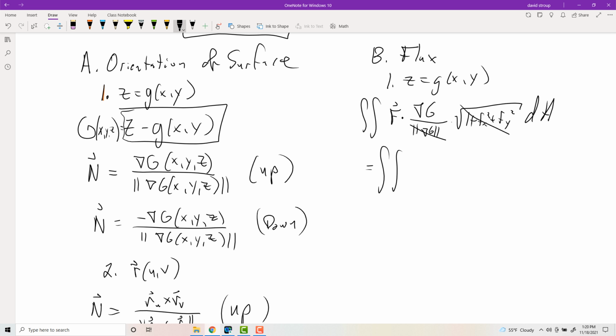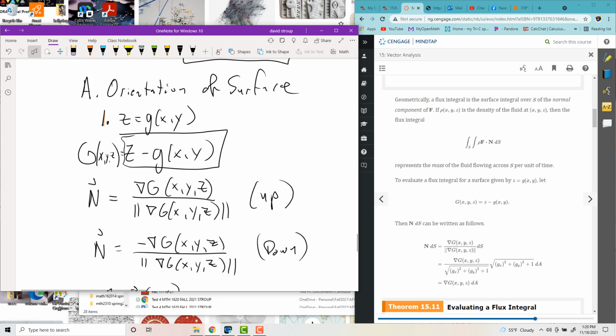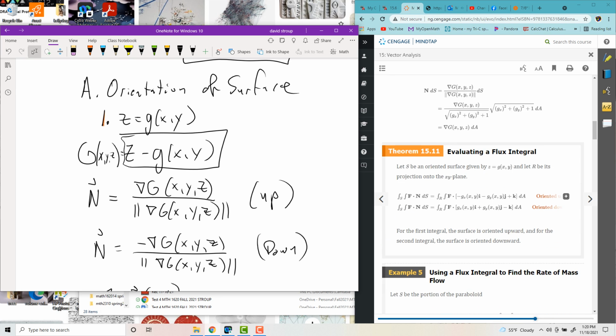It's going to cause a cancellation between those two objects, and so what you're going to end up with is basically just the double integral of F dotted with the gradient of g dA. Okay, so you can see the cancellations here as they flesh it out, and then they write it out in terms of all the little components if you were to substitute in the components.